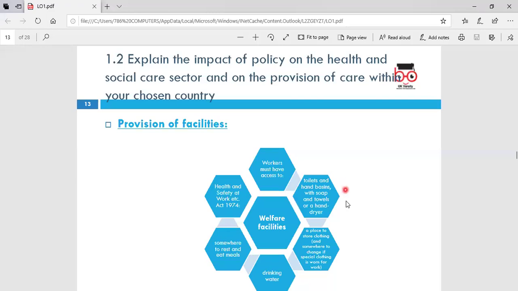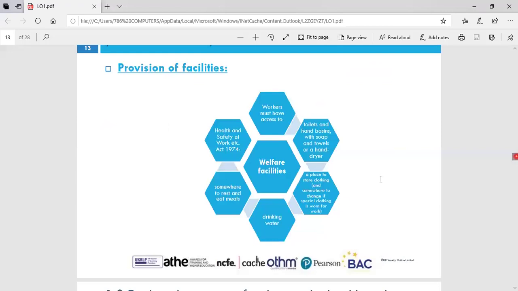They should have a place to store clothing and somewhere to change if special clothing is worn for work. There should be a drinking water facility. There should be somewhere to rest and eat meals. There should be health and safety work, etc. So these policies should be there.